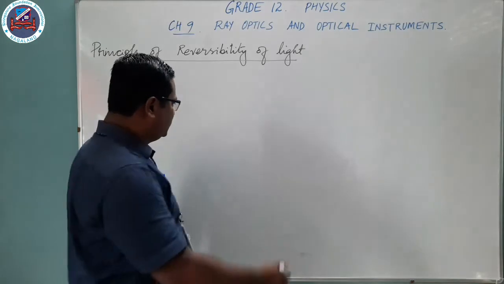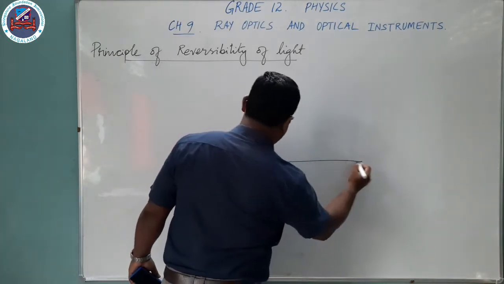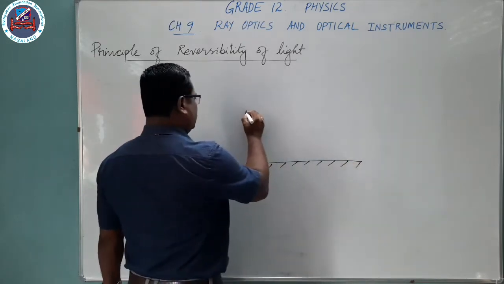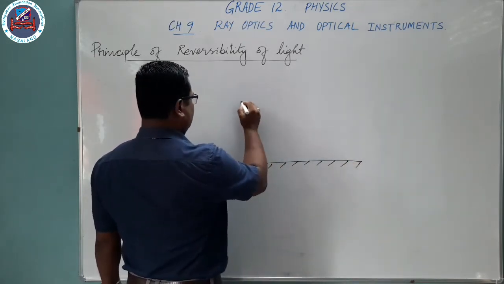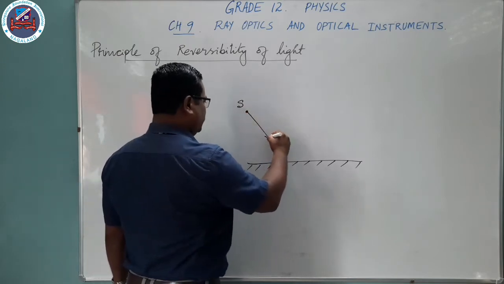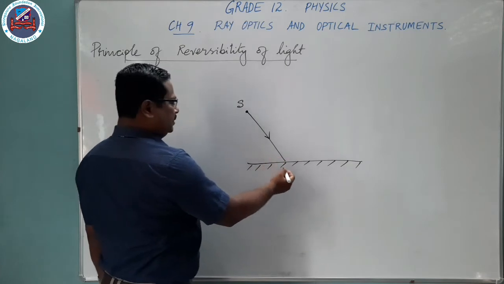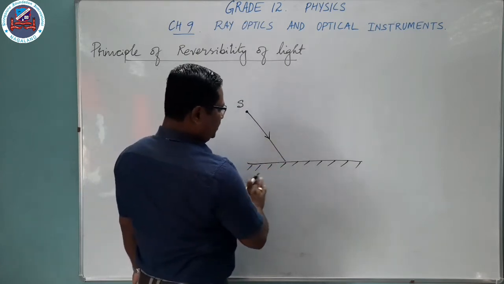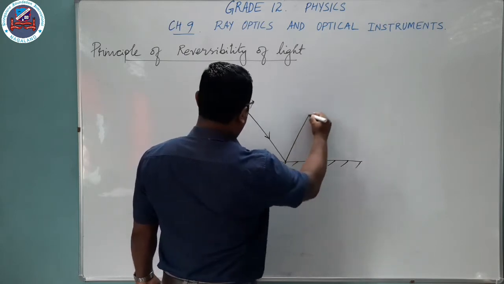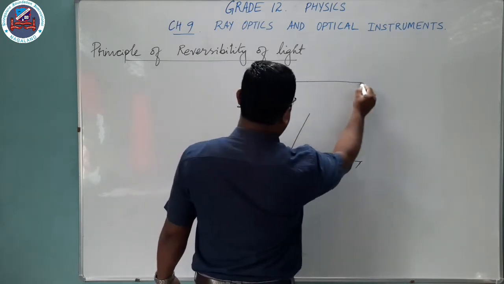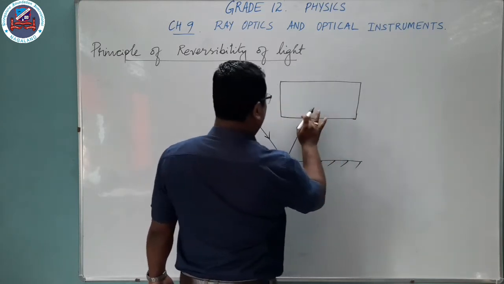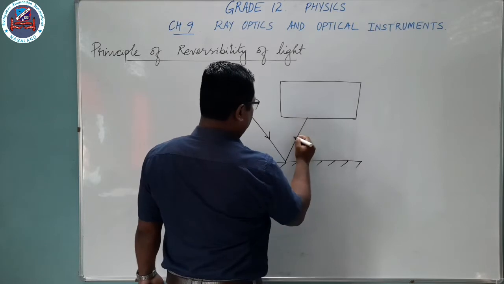To understand this, let me take one plane mirror. If I keep a source of light and allow the ray to come and strike the mirror, then reflection will take place. After reflection, let us assume I kept one transparent glass slab.